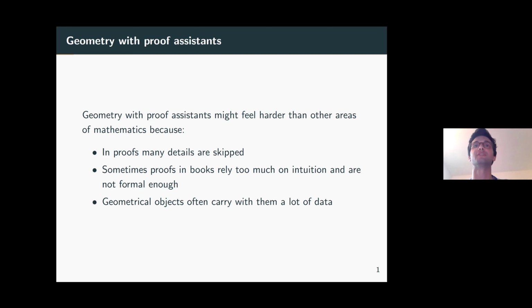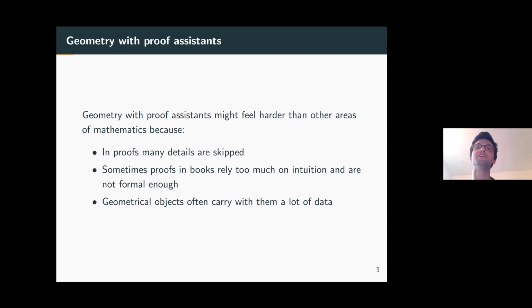There's a lot of stuff in geometry that is routine, but when one has to do proofs with proof systems, they have to fill in all the details, and this might be a little bit painful.